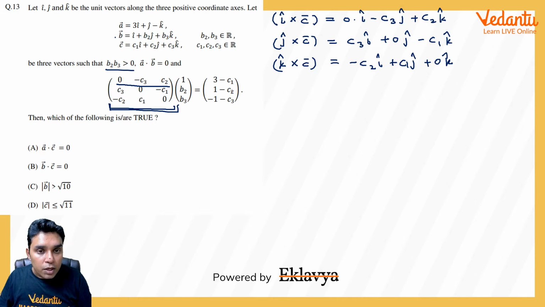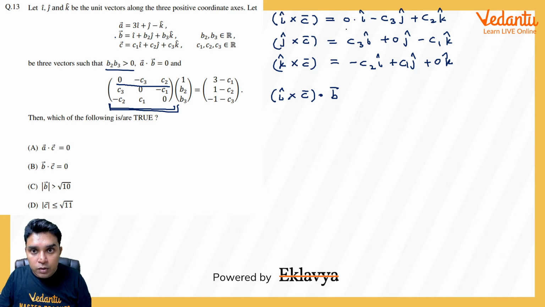Okay, now you can understand that this entire thing can be written like I cross C. If I compare both sides, I can write this as I cross C dot B vector, because this first row will be multiplied with this column.